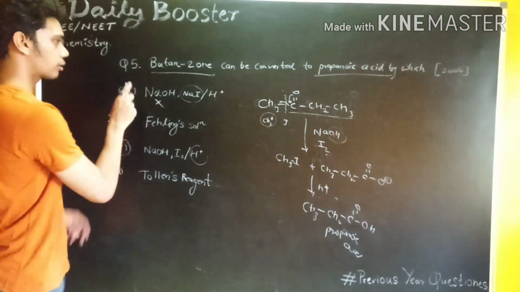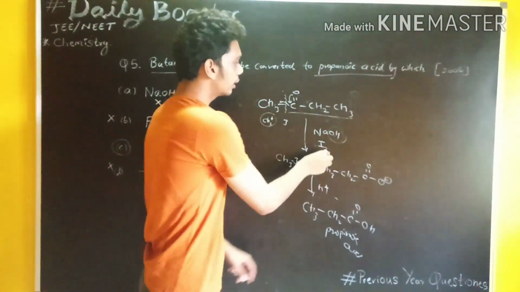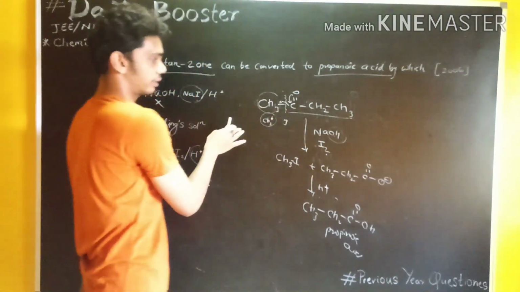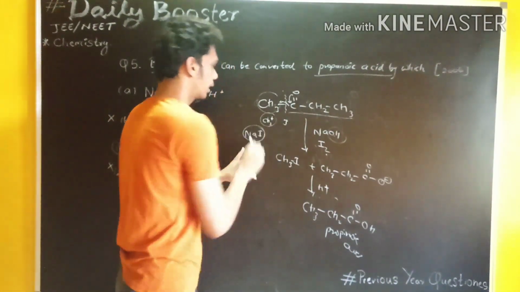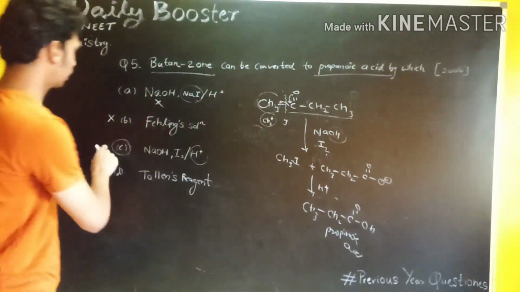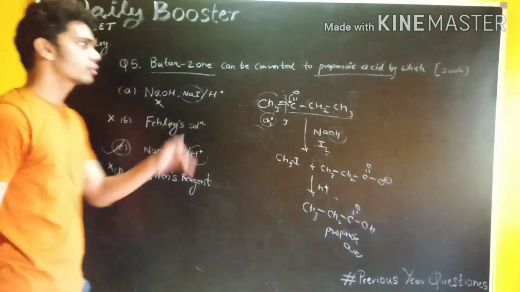See, option A is not correct because sodium iodide is used. If iodine is there, then only it can attack this CH3, which acts as a leaving group over here. But if I use sodium iodide, there is a restriction to form this iodine. That's why option C is the precise one, and then only we can get propionic acid. So how can you solve it?